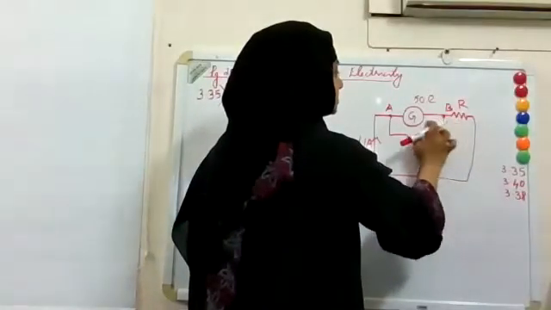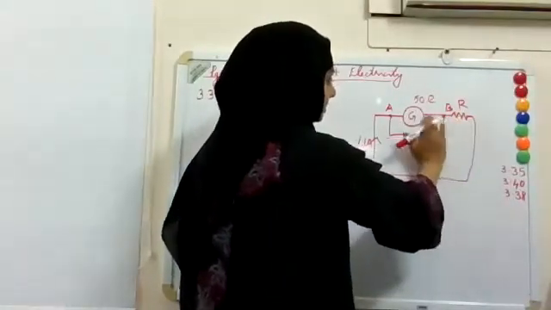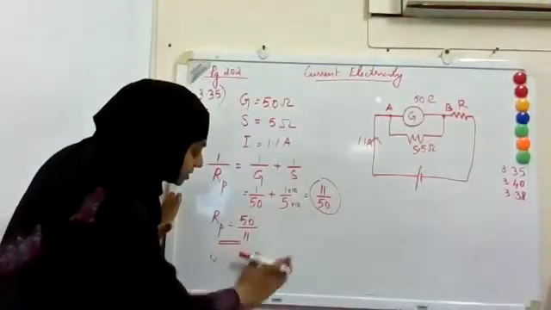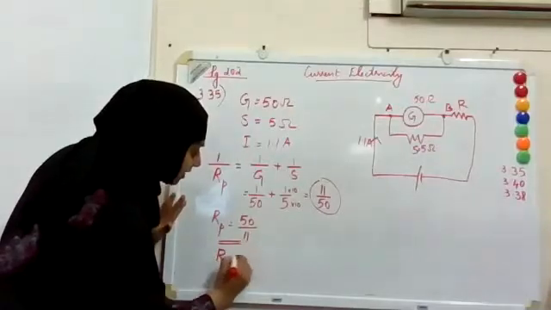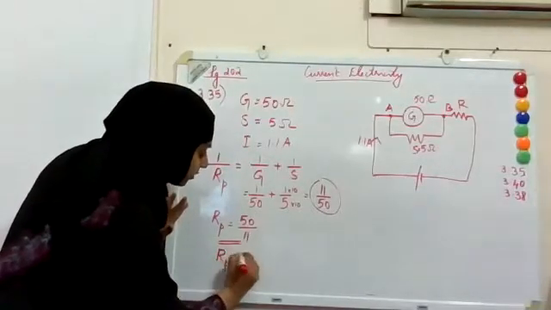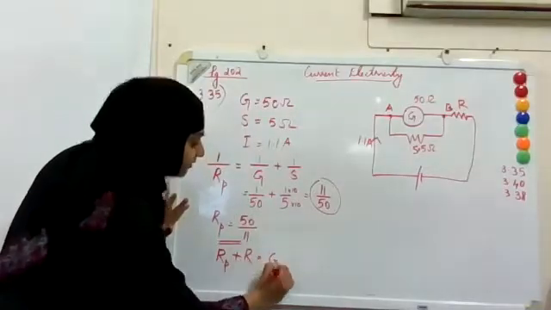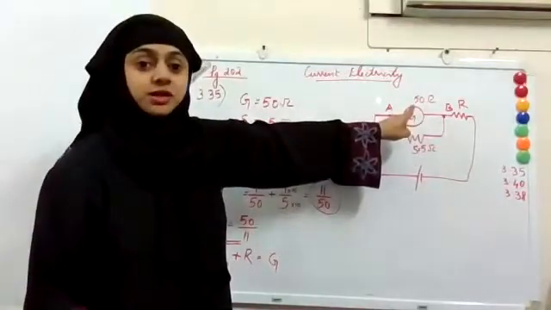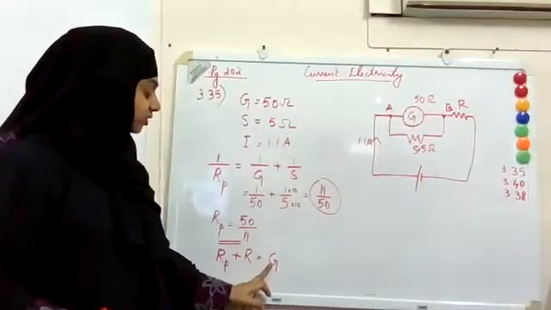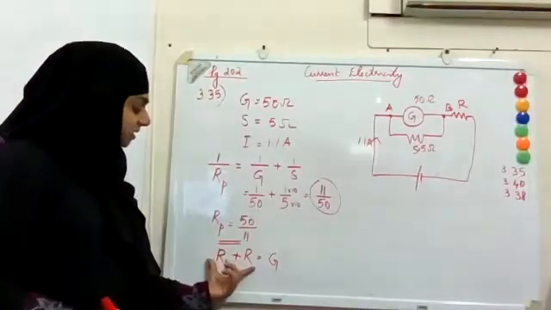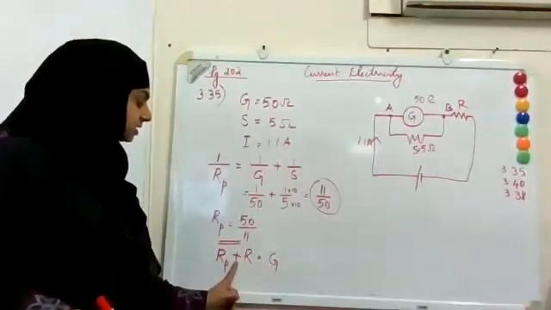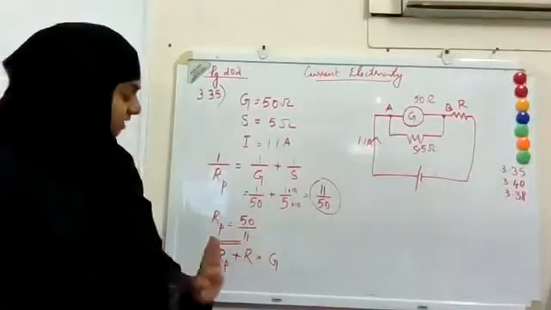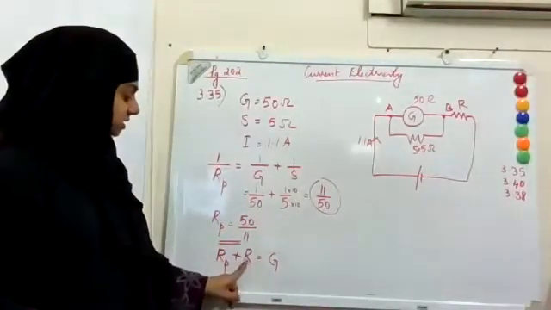So the total resistance will be the parallel combination plus R. That should equal the galvanometer resistance, because before connecting the shunt only the galvanometer was there. So the current will remain the same. We have to find what this R is.